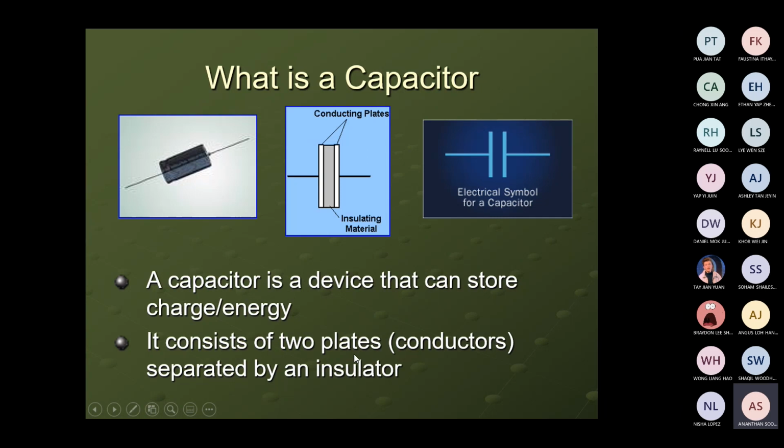It consists of 2 plates separated by an insulator. So it's like 2 parallel plates. In between, you can have an insulator. You can have air. You can have oil. But in your syllabus, it's vacuum. The center is vacuum.